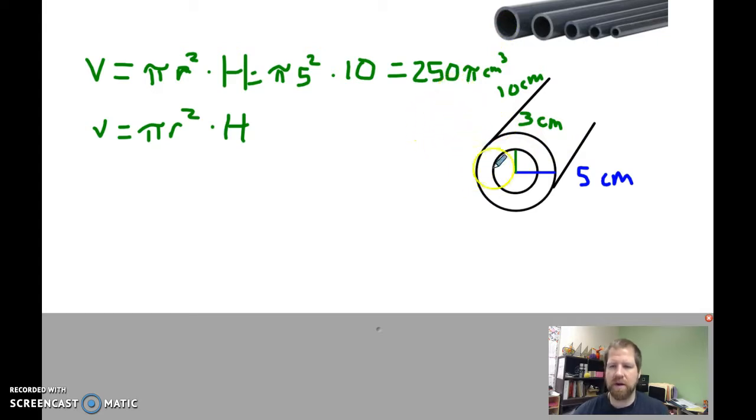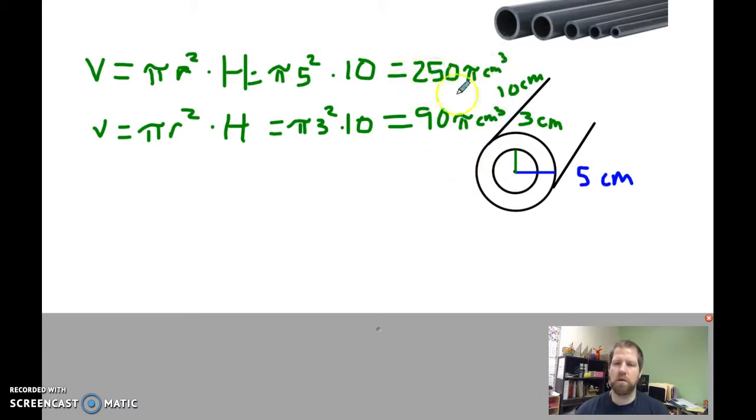Okay, so now what I've got to do is figure out what the volume of this inner area is, the part that doesn't have any metal in it, right? So same thing, pi, except instead of 5 centimeters, I'm looking at 3 centimeters, right? Because I don't want to include the part that actually has the steel, okay, the solid part of the pipe. So I do 3 squared, again, times 10, because it's the same length. 3 squared is 9. 9 times 10 would be 90, so I'd have 90 pi centimeters cubed.